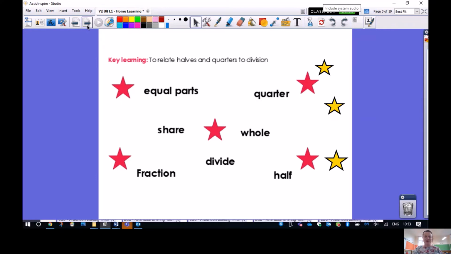Word of the day. Fraction. And a fraction is part of an amount. We have a whole, and then we can have parts of our whole. And lastly, half. And half is when we divide into 2 equal groups.